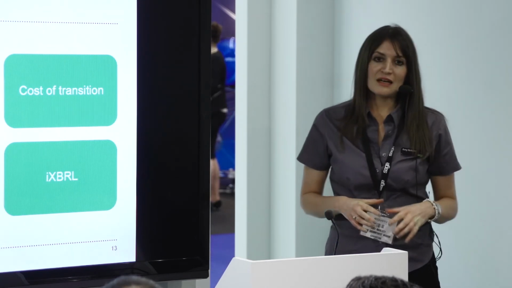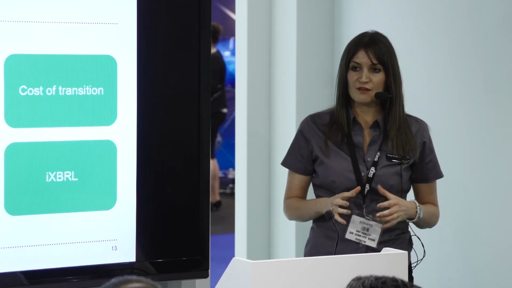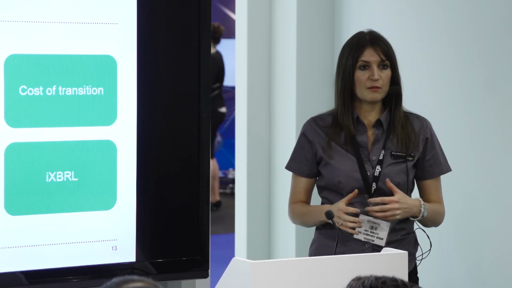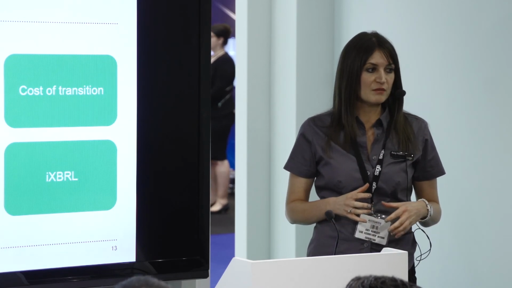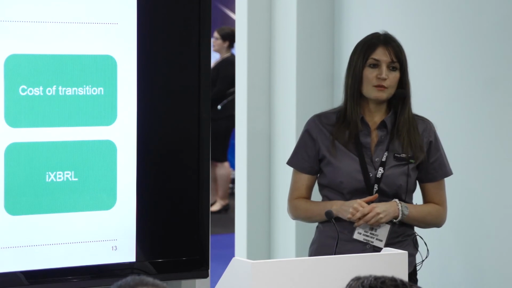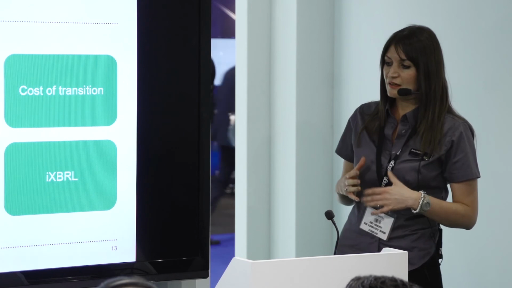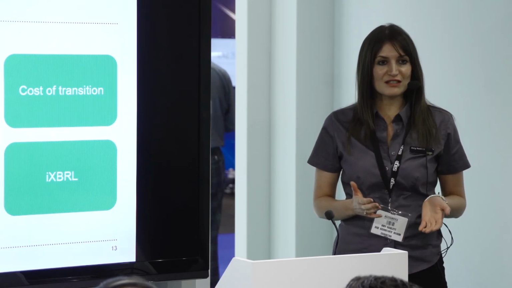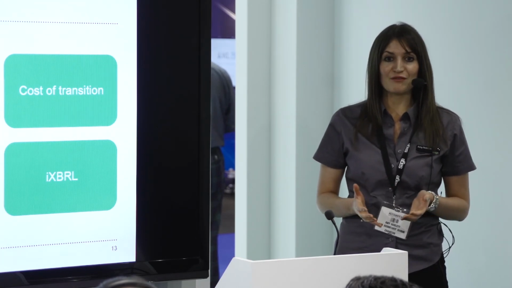So I think the client management is going to be really important, not only in terms of identifying which clients are going to be affected and planning for those, so making sure you identify the sorts of transactions they have and the information that you need to restate the comparatives, but also in terms of managing the client's expectations, because when you give them the accounts under FRS 102, they're going to look very different, the terminology is going to be different, the profit is certainly going to be different.